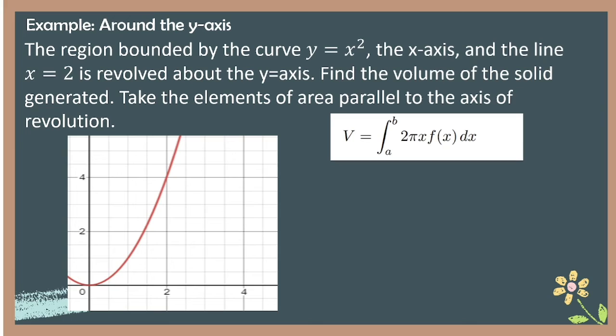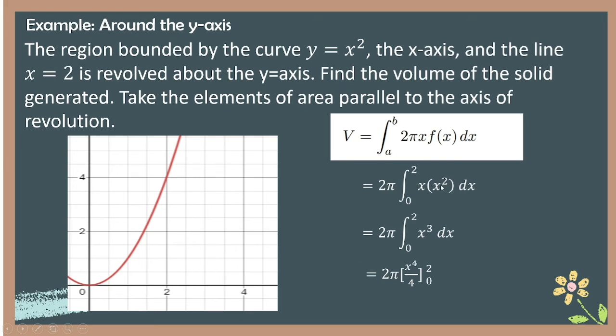So we have here the formula, V equal to integral from a to b of 2 pi times x times f of x dx. Substitute the given values: our radius, or our x here, is still x, because all the measurement comes with the portion in the x-axis.